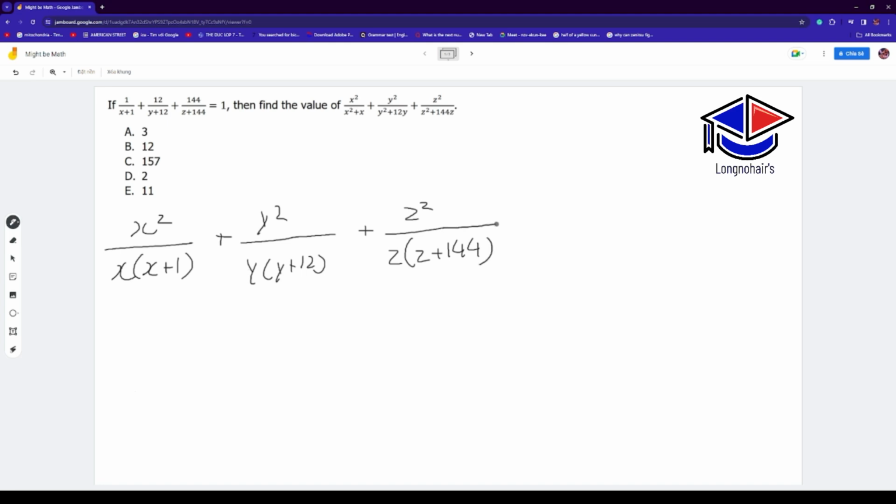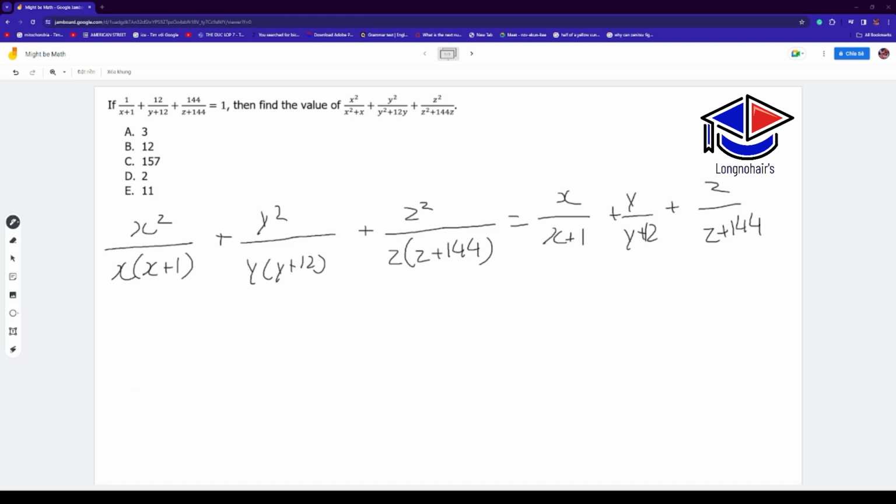And after you eliminate all the x's, y's, and z's, what you're left with is x over x plus 1, plus y over y plus 12, plus z over z plus 144. After simplification, this is what you should get.